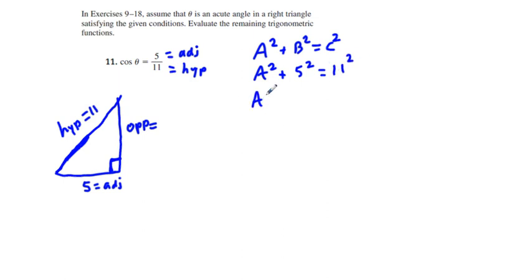Let me say this, a squared plus 25 is equal to 121. So to solve for a squared, if we subtract 25 from both sides of this equation, we have a squared equals 121 minus 25, which equals 96.